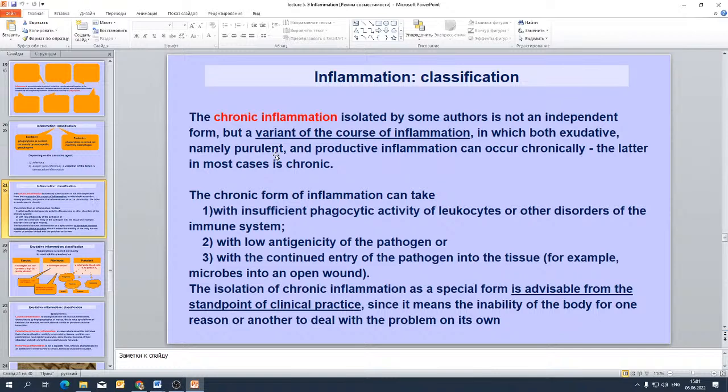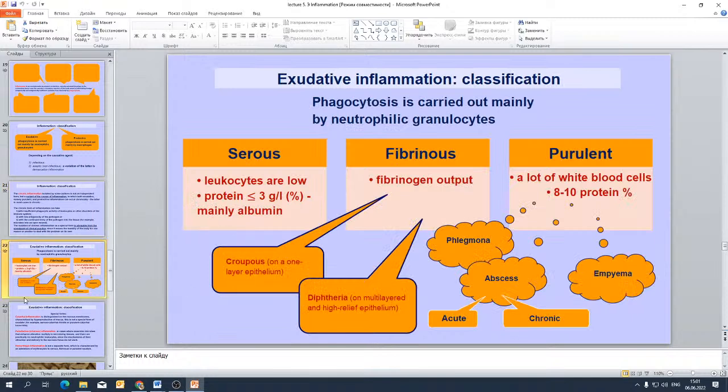And for example, we discussed chronic inflammation. And then we discuss serous, fibrinous, and purulent inflammation. Exudative inflammation may be, as we discuss, chronic and acute. In pathological anatomy, I discuss only exudative inflammation.